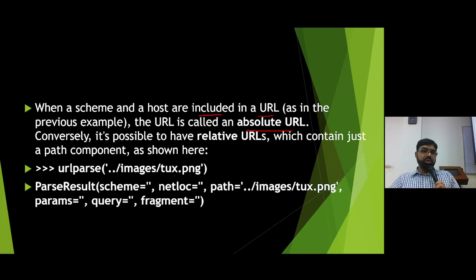Conversely, it's possible to have relative URLs, which contain just a path component, as shown here. The URL path is ../images/tux.png. So the parse result netloc is empty, and the path is ../images/tux.png. That's the response.